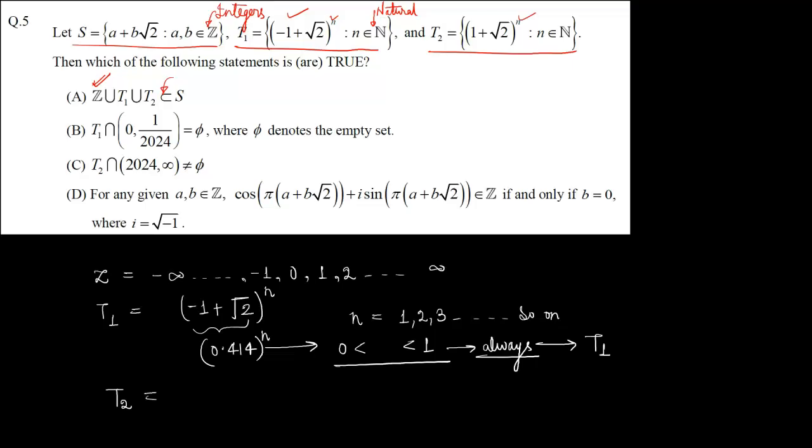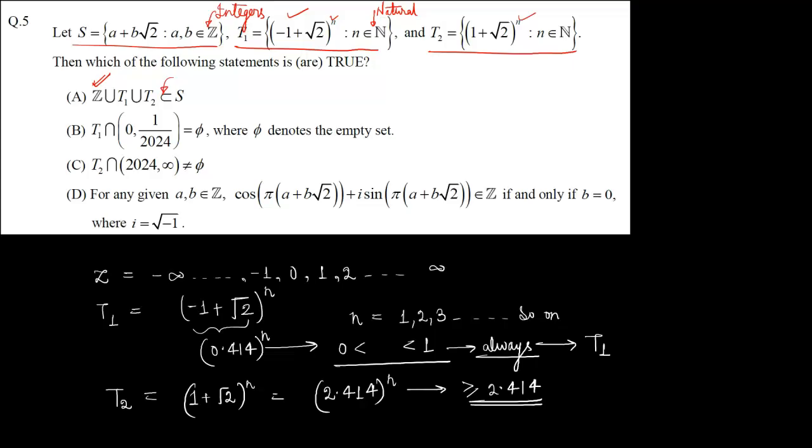T2 is 1 plus root 2 to the power n, which is 2.414 to the power n. This will always be greater than or equal to 2.414.